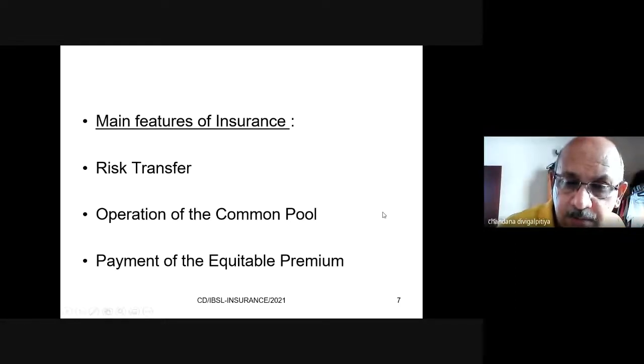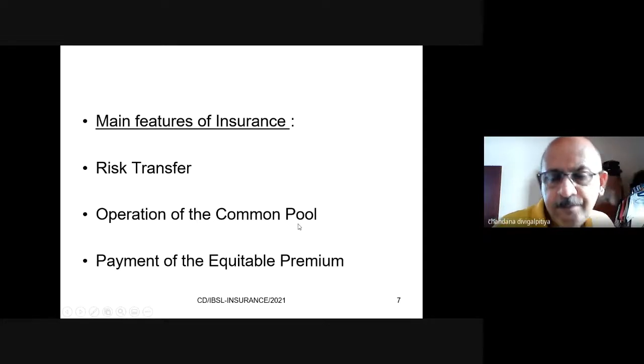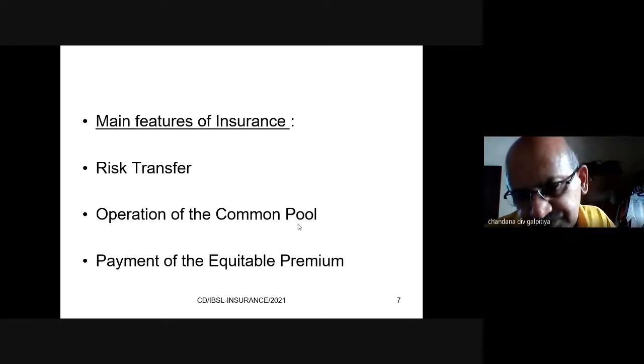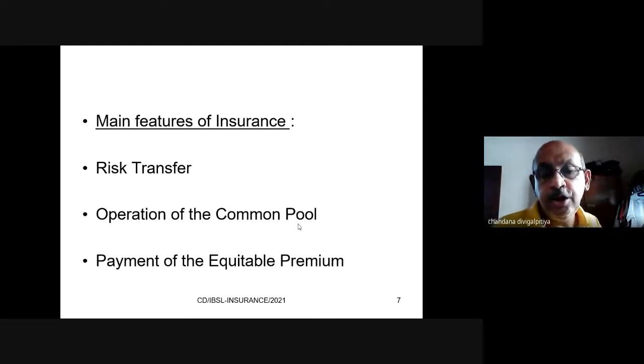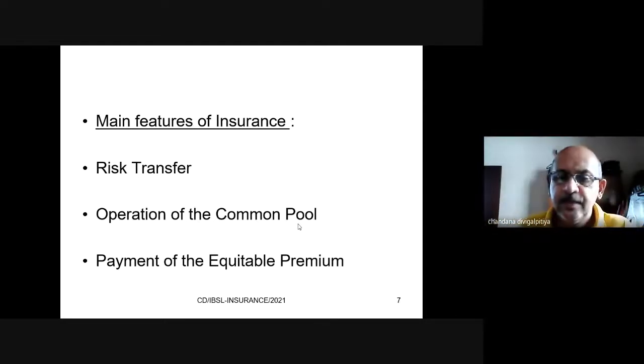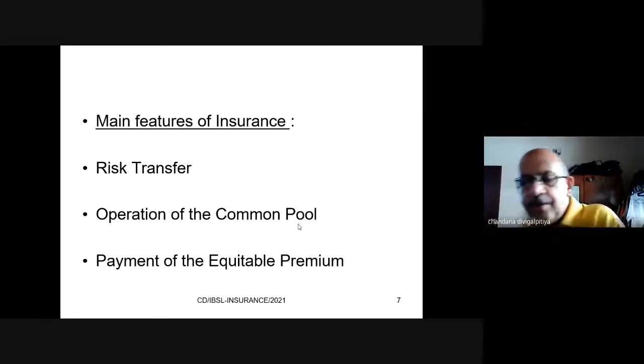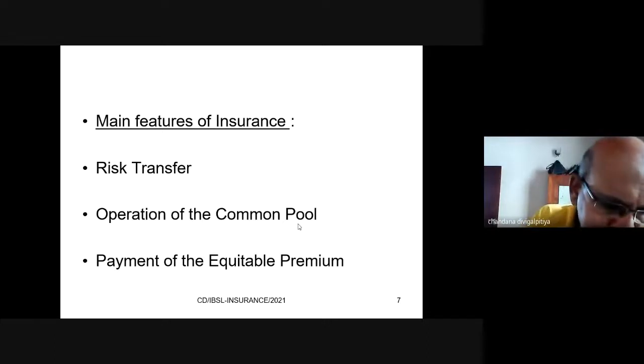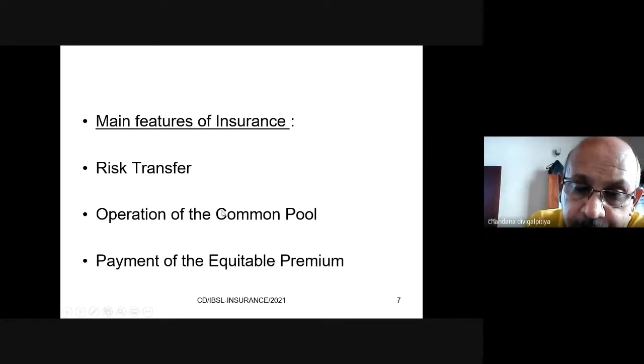Right, your pool where different risk factors are coming in. Example, if you take life insurance, there's a common pool that we maintain. Fire insurance, motor insurance, health insurance, any insurance, you maintain a common pool.